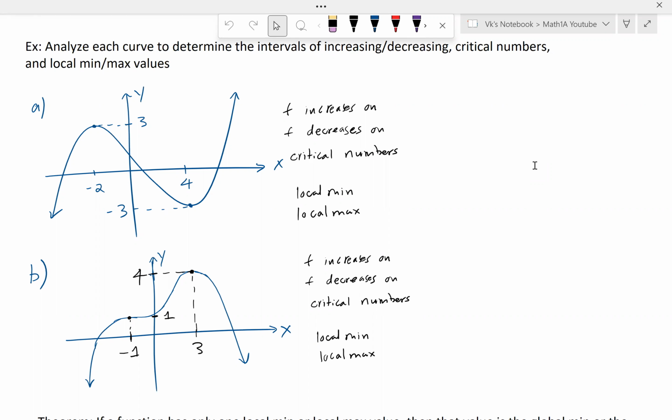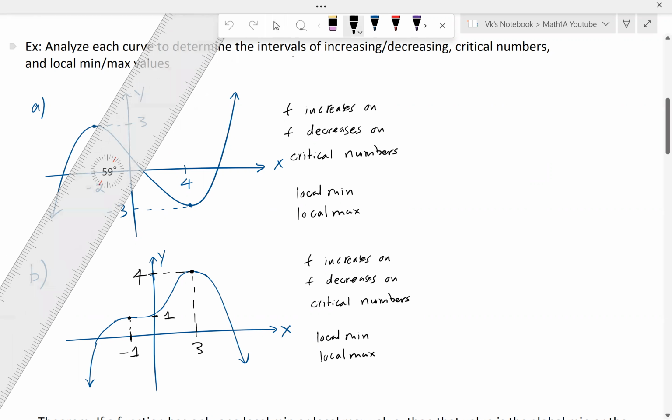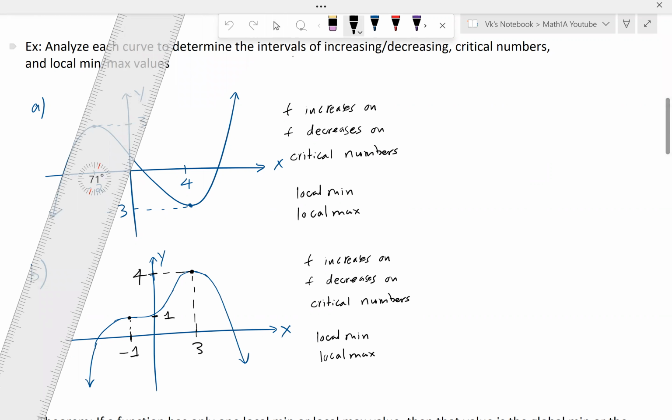From the definition, the function is increasing as long as the derivative is more than 0. Derivative is the slope of the tangent line. So all we have to do is look at the tangent. Look at the tangent line here. Look at this tangent line here.